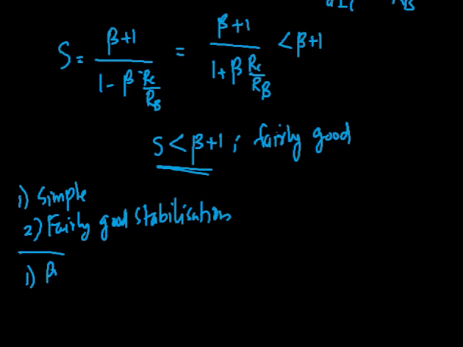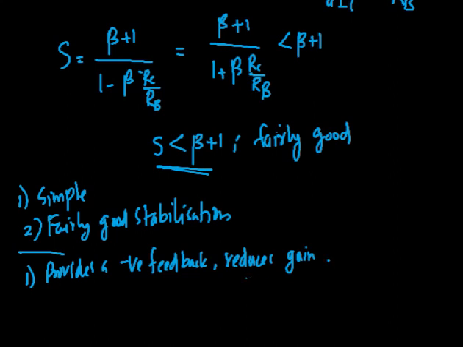It provides negative feedback, so it reduces the gain of the transistor amplifier. So this is a disadvantage of this feedback, the collector feedback biasing method. Thank you.